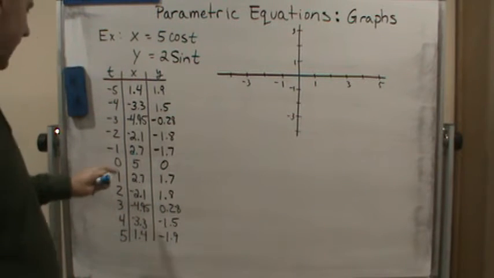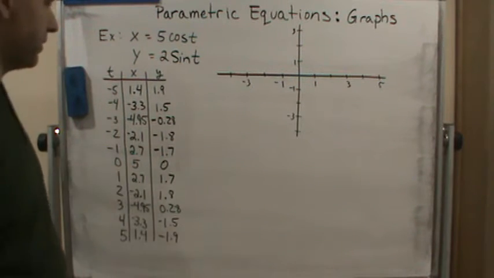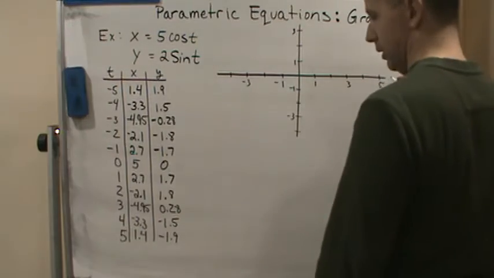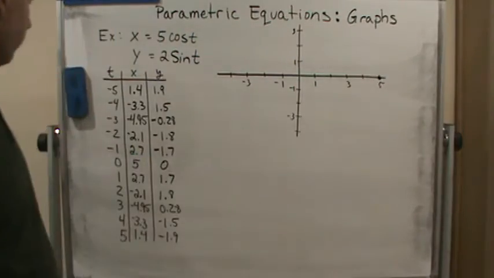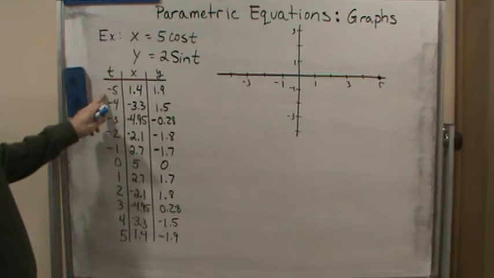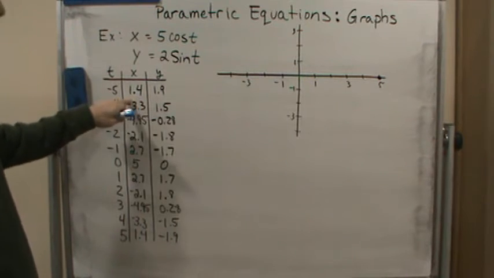First of all, I'm going to plot 5, 0, which is going to be right about there. At t = -5, we are at 1.4 and 1.9.